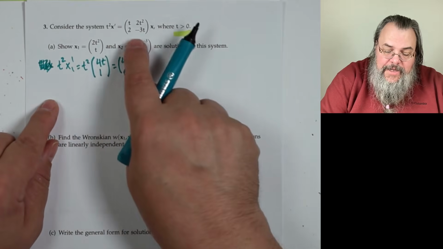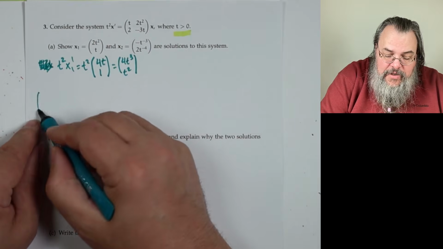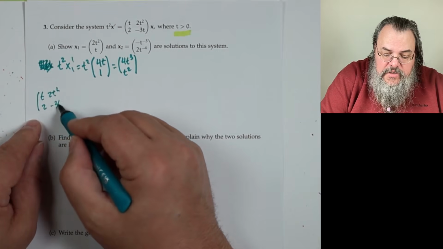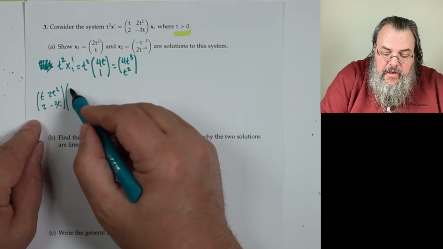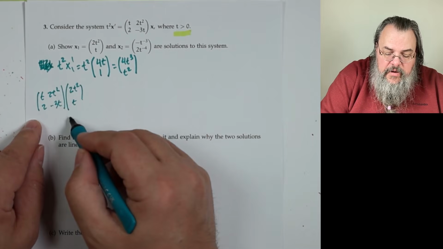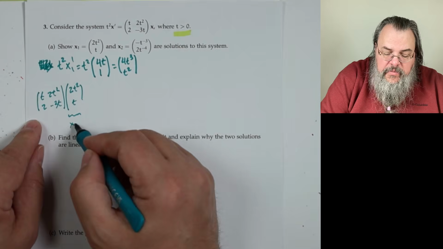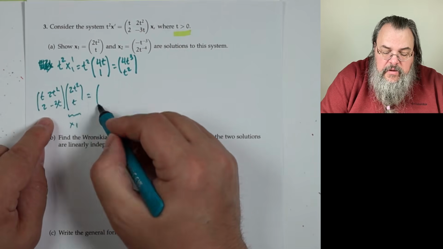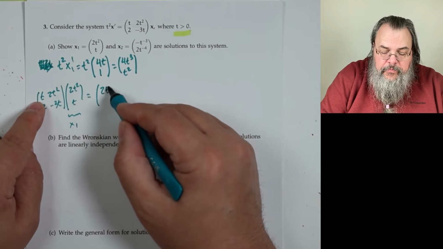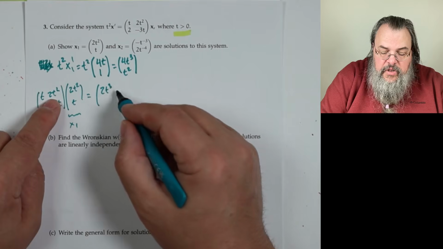Now, right-hand side. We're going to take t, 2t squared, 2 minus 3t, times x1. So this is our x1 here. Well, that is 2t cubed plus 2t cubed.